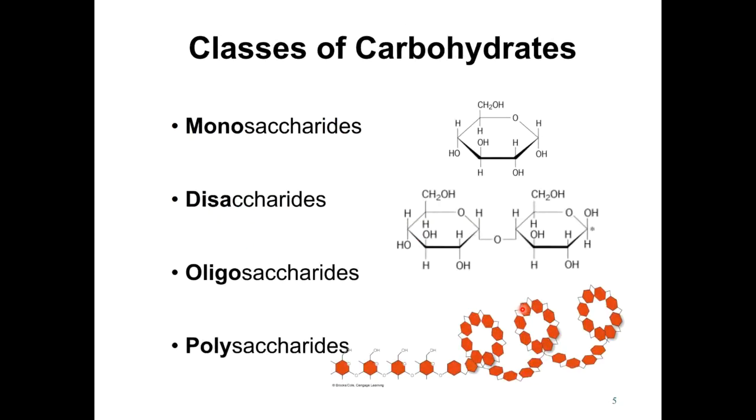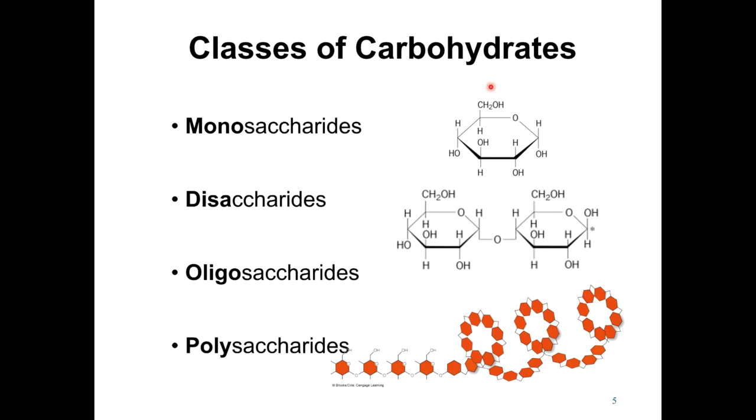In terms of classes, carbohydrates are classified based on the number of the basic monomers, which are referred to as monosaccharides. Glucose, ribose, galactose, fructose, and so on are monosaccharides.